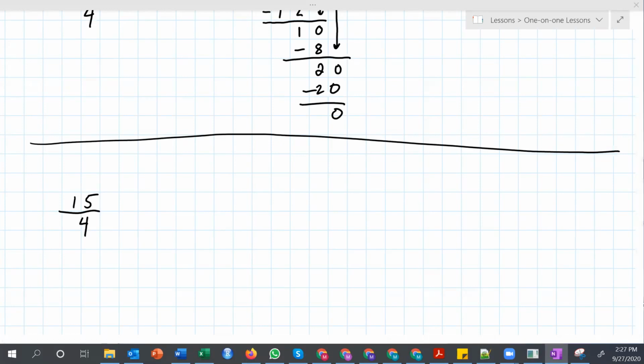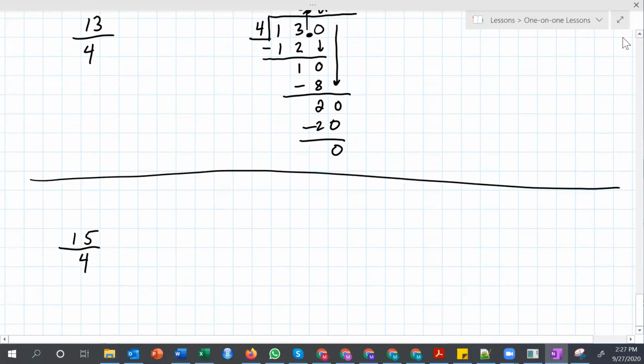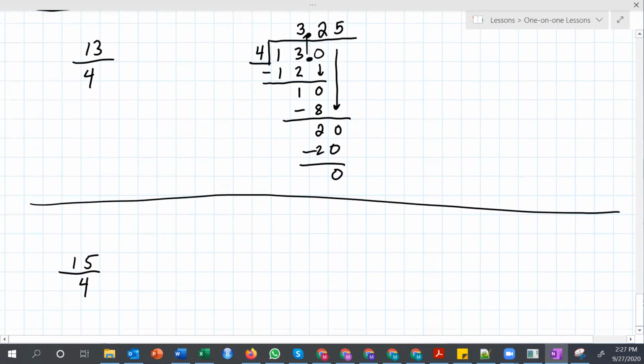I'm going to just scroll up just enough so you can have this other one here as a reference, but I want you to work this out on your own. I'll give you 60 seconds to work on that, okay? All right.